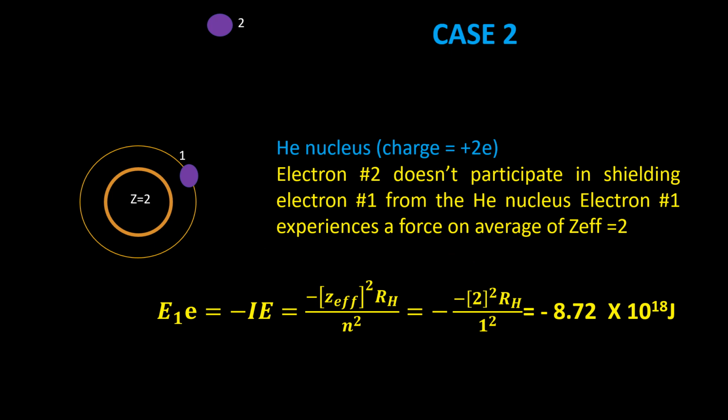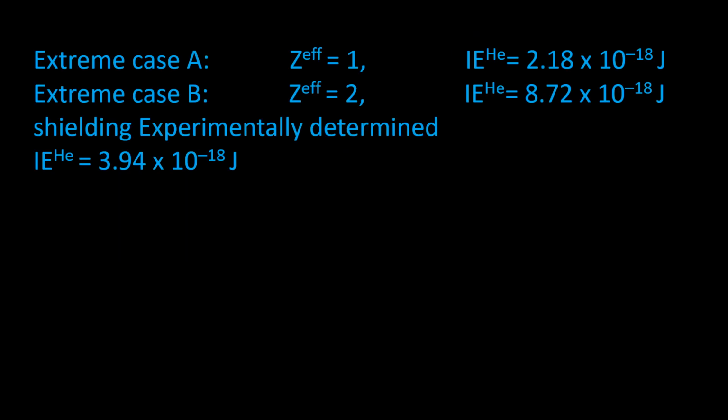Now we can summarize the two extreme cases. For extreme case A, where electron 2 was shielding electron 1 and electron 1 experienced a Z effective equal to 1, the ionization energy of the helium atom was 2.18 times 10 to the power of minus 18 joule. In extreme case B, where Z effective was equal to 2, electron 2 was out of the range of the nucleus, the case of zero shielding.